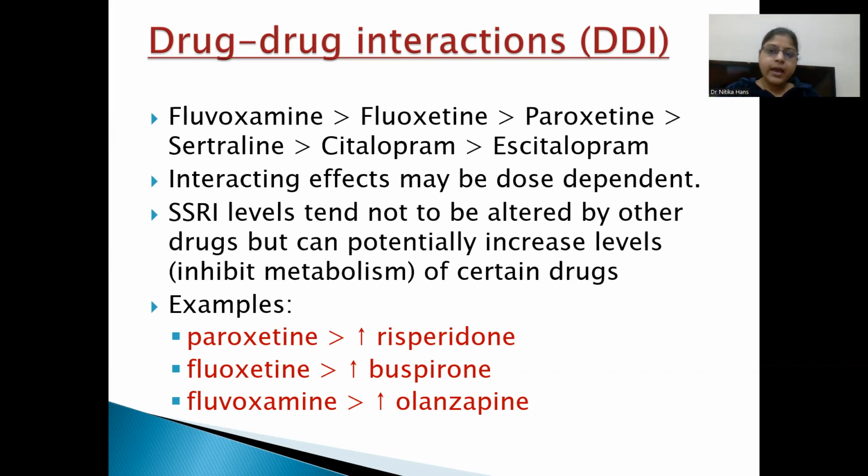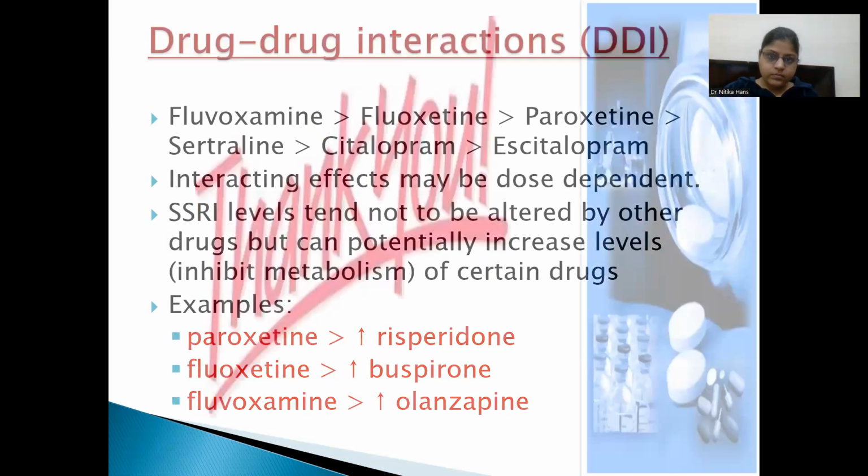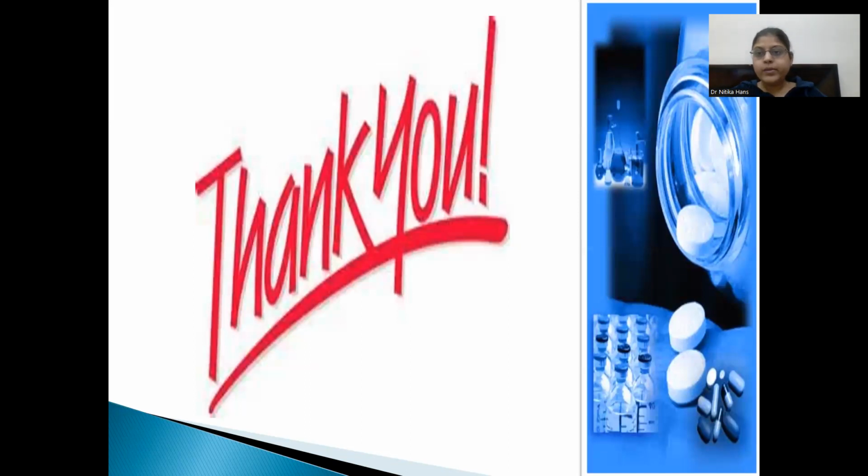They have enzyme inhibitory effects and inhibit metabolism. So paroxetine increases risperidone levels, fluoxetine increases buspirone levels, and fluvoxamine increases olanzapine levels when given together. So that's all with SSRIs.